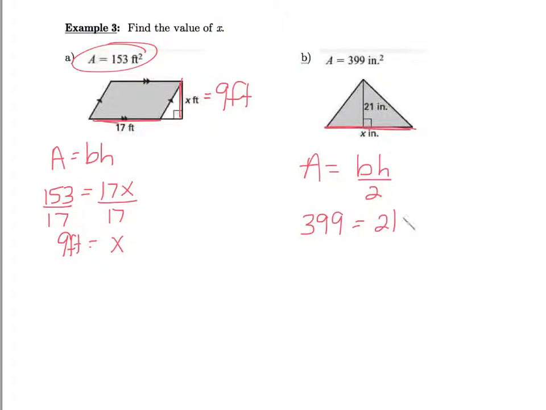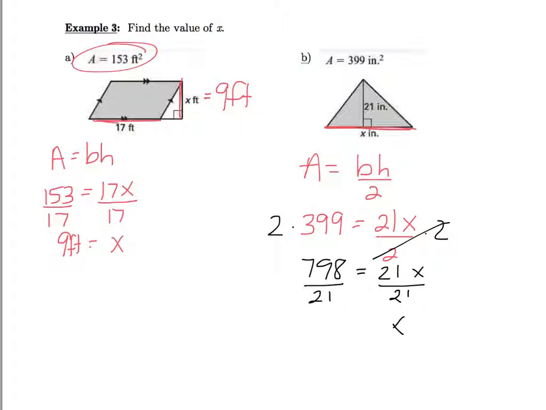So 21 times x is 21x, divided by 2. To work out this problem, I'm going to multiply both sides by 2. When I do that, I get 798 equals 21x. To get x alone, I divide by 21. So x equals 38 inches.